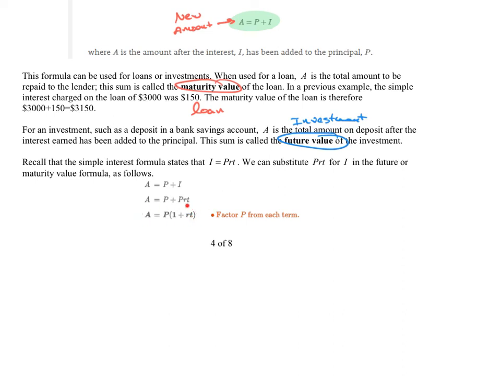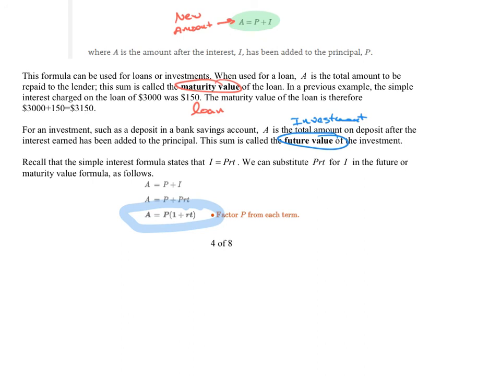So here is the factored version of it. And this is the formula that I use all the time. To calculate the future value or maturity value, the total amount, not just the interest, the total amount in the account, or the total amount owed, I'm going to use A equals P times (1 plus RT).